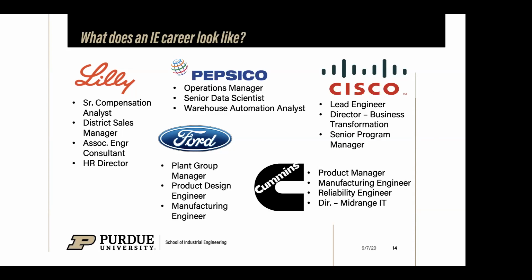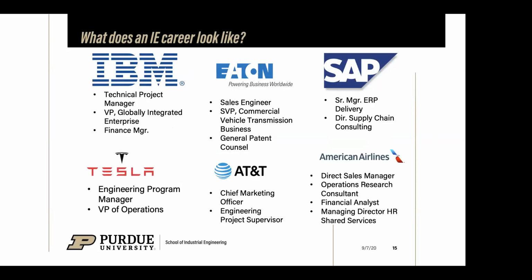And if we go onward, you'll see even more examples, all the way through finance, sales, and quality, and all the way through the highest levels of the organization, things like VP, director, chief officers, and so forth. And so an IE career is really just a baseline.